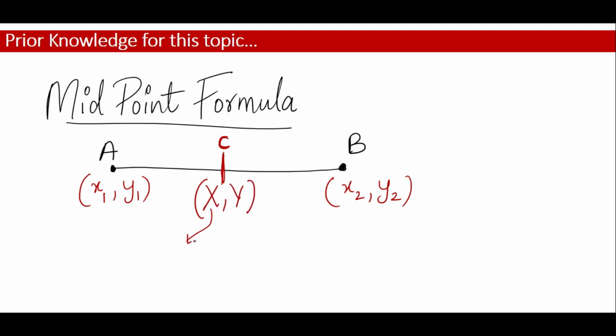To find x, you add the x coordinates of A and B and divide it by 2. To get the y coordinate of the midpoint, you add y1 plus y2 divided by 2. So this is the midpoint formula.